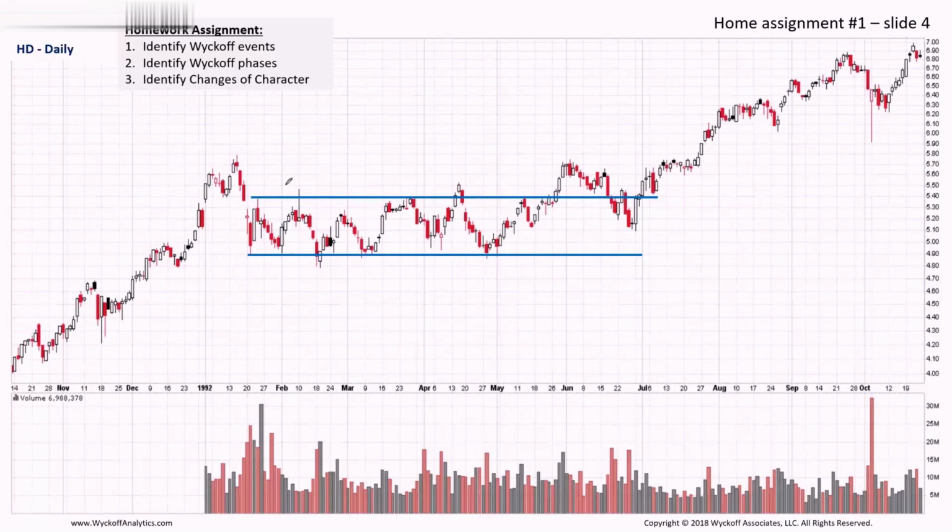Now, I always ask you guys a question. What do you see? What catches your eye a lot? Well, a couple of things that definitely catch my eye. The first one is the last move to the downside. It reminds me a lot of the initial move to the downside because it has some kind of fear built in.